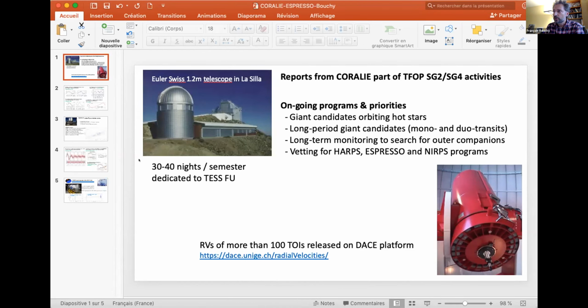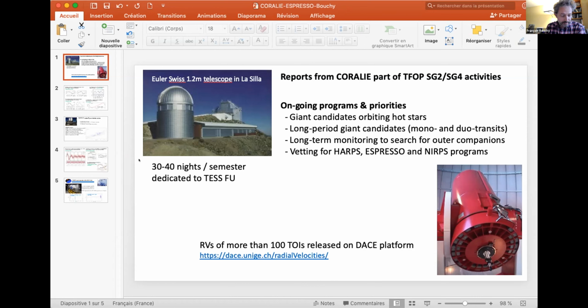There are also long-period giant candidates following monotransits and duotransits. We are also doing long-term monitoring to search for outer companions, including to short-period transiting planets. And we are also giving support for the vetting of candidates for the ARPS program, the ESPRESSO program, and soon the NIRPS program.